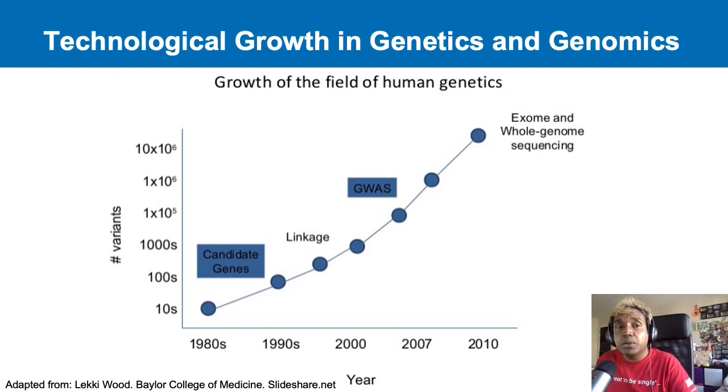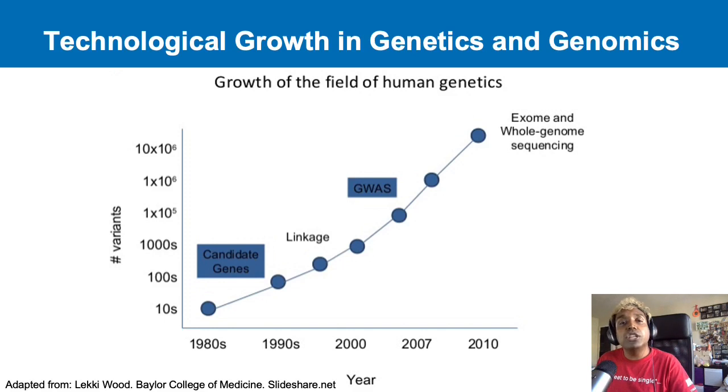This then went up to hundreds, if not thousands, when we reached linkage scans, a method used in the late 1990s to early 2000s to study families in which diseases were segregating, where we looked at patterns of linkage. It can also be a very powerful method to look at rare segregating variants.